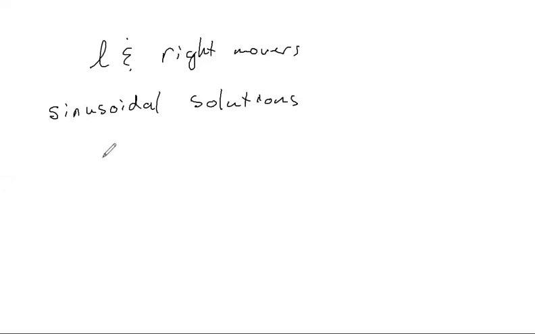And for those, we just make a general ansatz. We're going to guess that the right moving sinusoidal solution is just going to be some amplitude times sine of some number k x minus omega t. Now, this is supposed to be a right mover. So let's specify some names here.